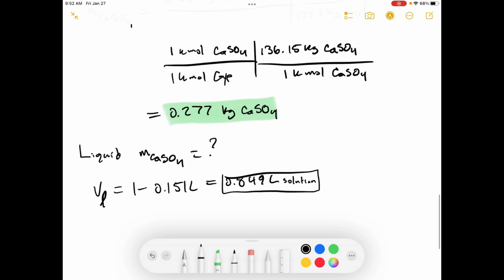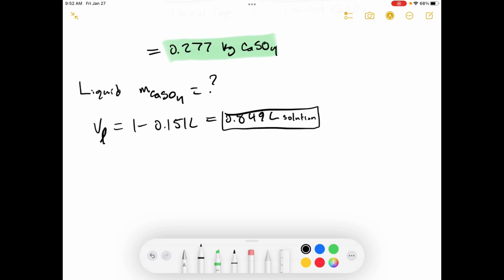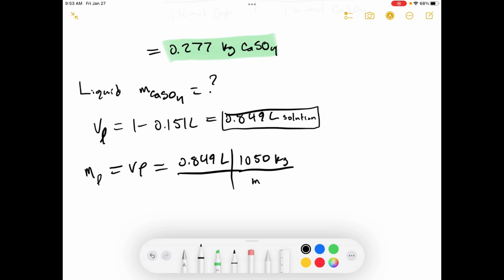So that's how much volume we have, but now we need to turn that into mass. Mass of liquid, we know the specific gravity, and we know the density then, so we can get 0.849 liters of solution times the density in kilograms per meter cubed, with liters in a meter cubed.